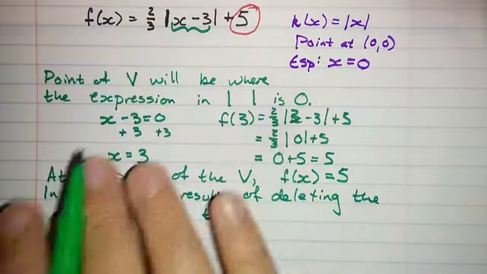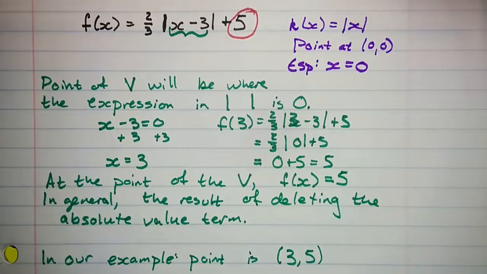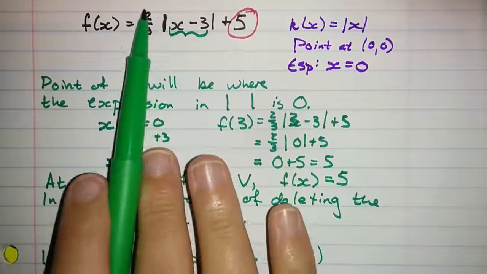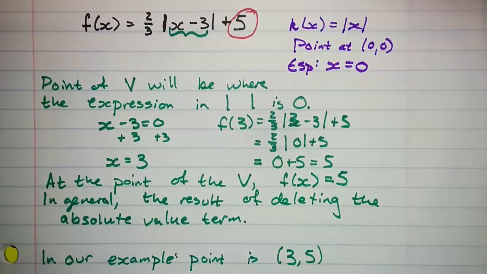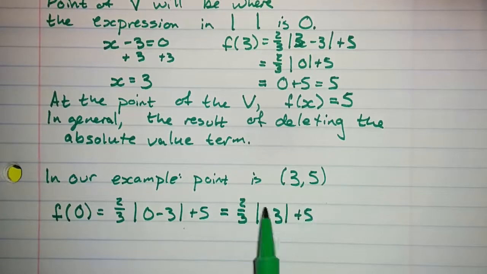Okay, so in this example, the point is 3, 5. We'll need 2 points on either side. Looking at the fact that I have thirds here, I think I want to go 3 away. We'll have 2/3 times the absolute value of 0 minus 3, plus 5. That'll be 2/3 times the absolute value of negative 3.